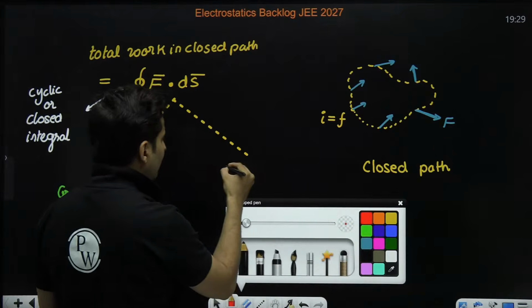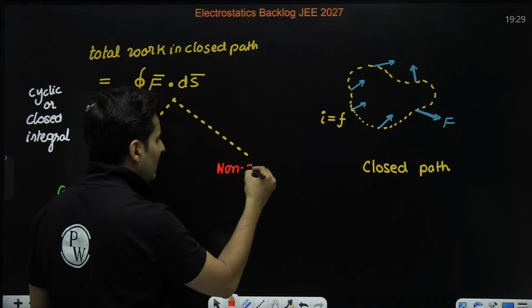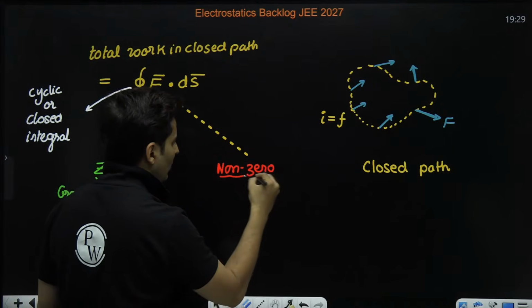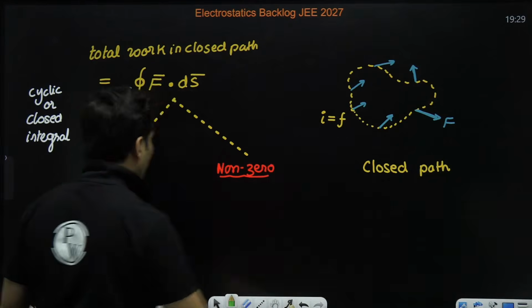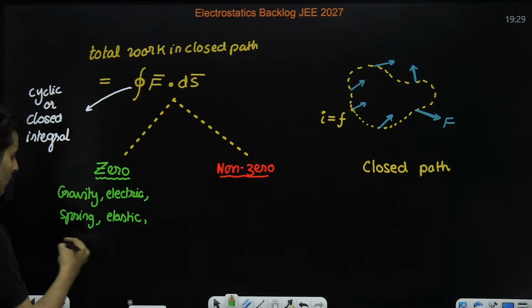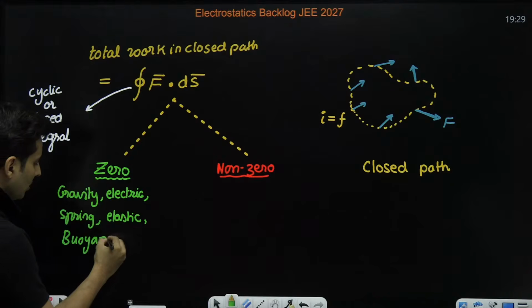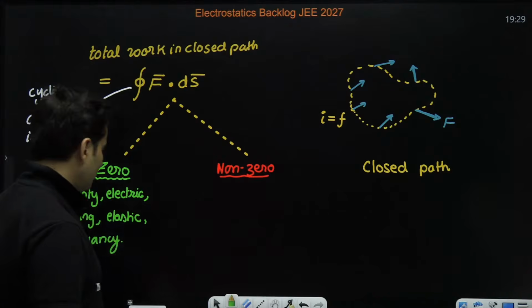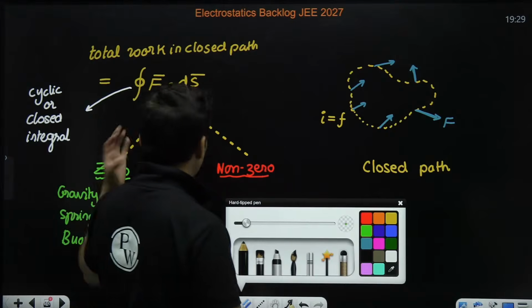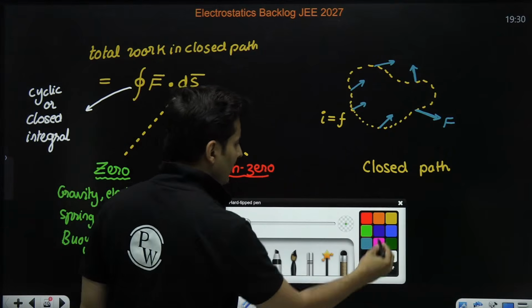The other outcome is that it ends up as a non-zero value. In fact, you will also see buoyancy force, the fluid buoyancy, has a zero integral, which is conservative.